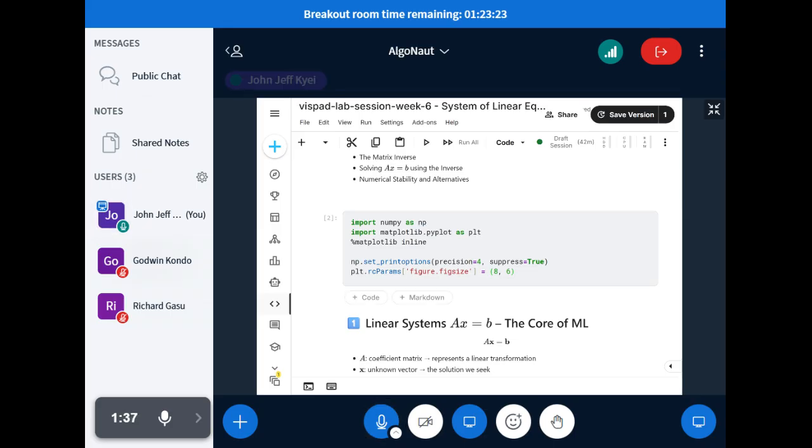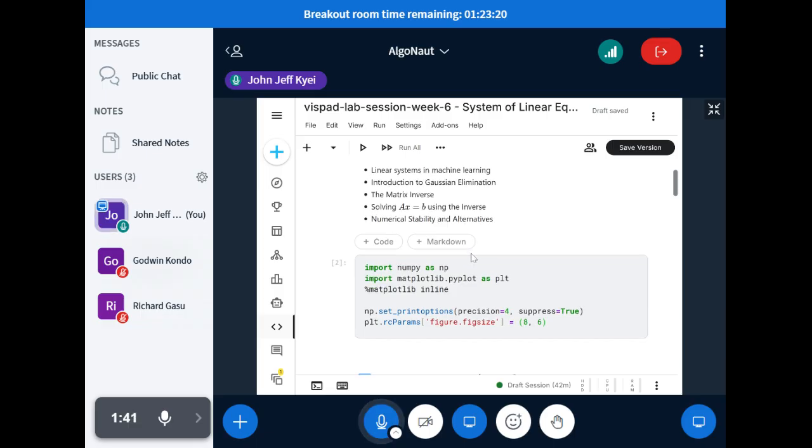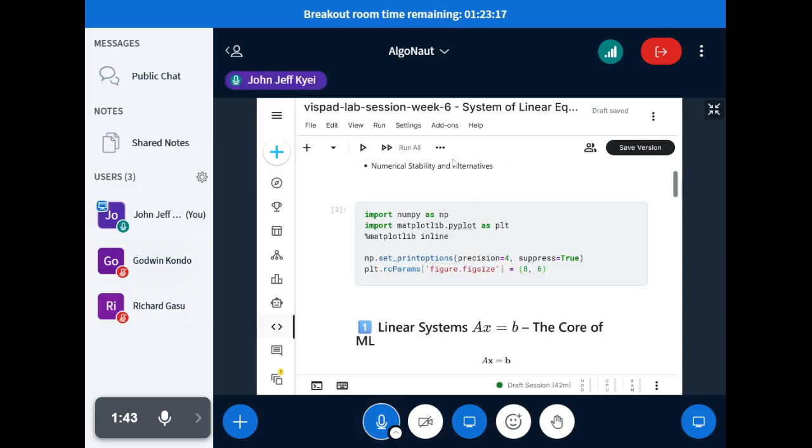First things first, as usual, we import libraries. Here we have NumPy, because we are doing numerical stuff. We have the Matplotlib library because I'll be showing some of the stuff geometrically and visually, so you can understand what's going on when you do the transformations.